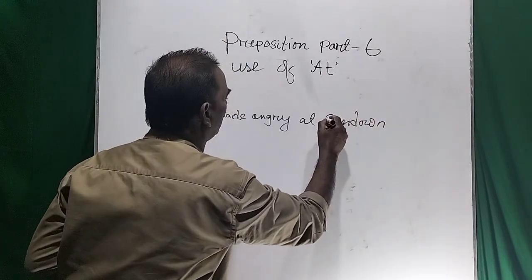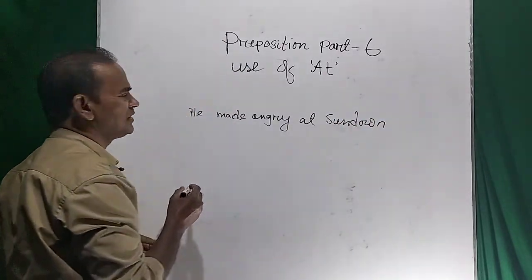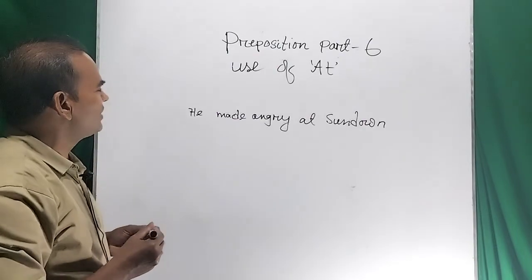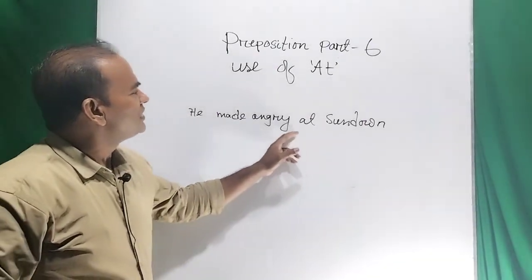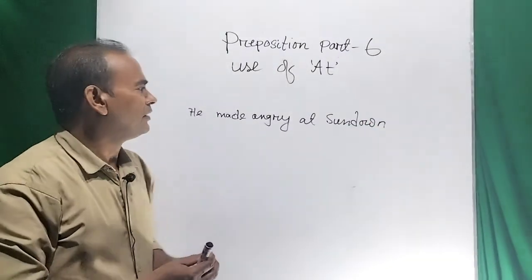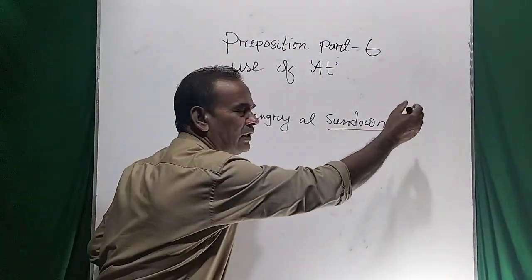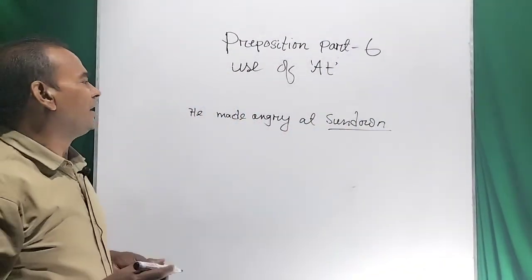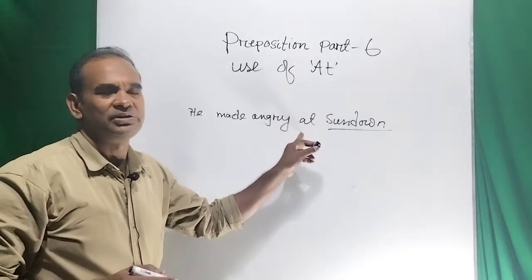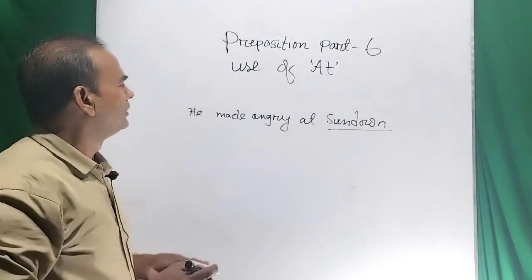He made angry at sundown. So dear students, you can see, this is the part of the day. Sundown is one of the parts of the day. So before a part of the day we can use the preposition at.